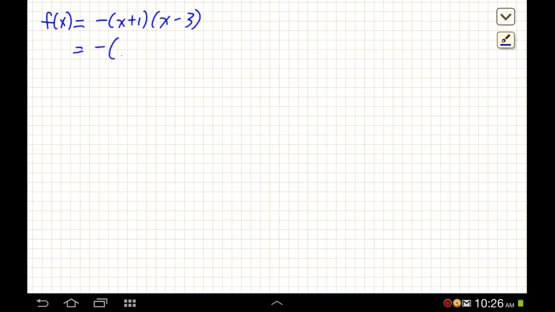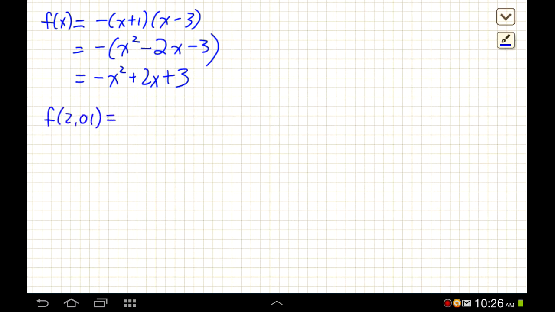Expanding this gives us x squared in the middle, minus 2x minus 3. So this comes out to negative x squared plus 2x plus 3. The reason I expand this is so that we can do the evaluation more easily, and also I'm going to break this function up into its three terms and then show you what the value of the limit is for each of them. With this expanded, let's find f evaluated at 2.01.